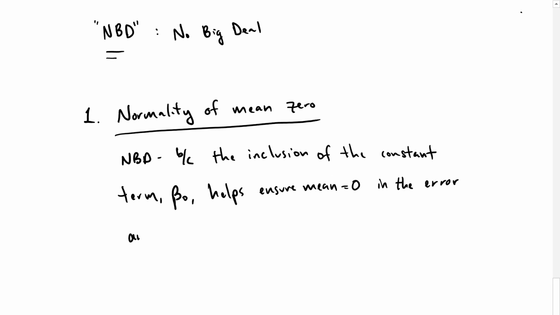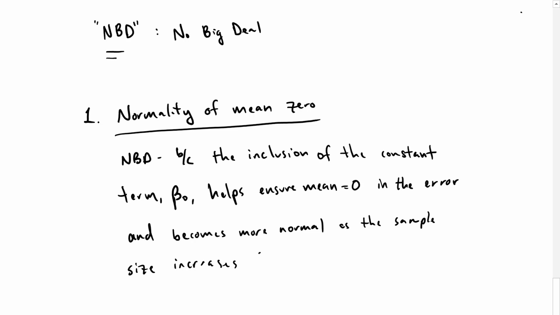And it becomes more normal as the sample size increases. That's going to be due to the law of large numbers and the central limit theorem.